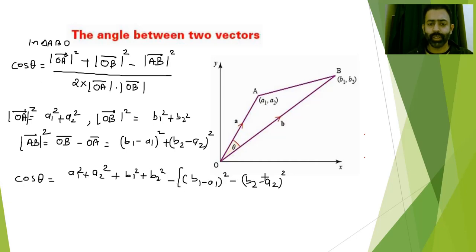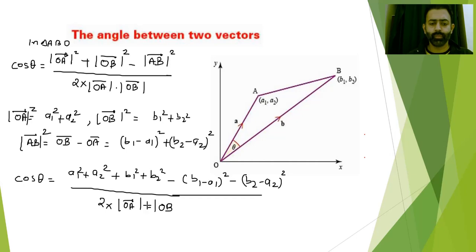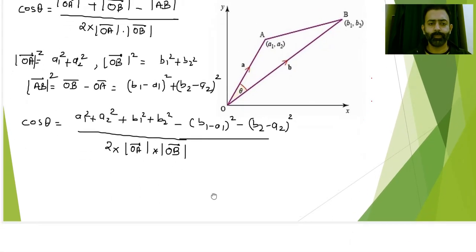If I introduce a bracket here, then there is a plus sign. Otherwise I can remove the bracket and write the negative here. In the denominator, the same thing: twice of mod OA into mod OB. Here I am not writing in terms of a1 or a2; we can do that later.